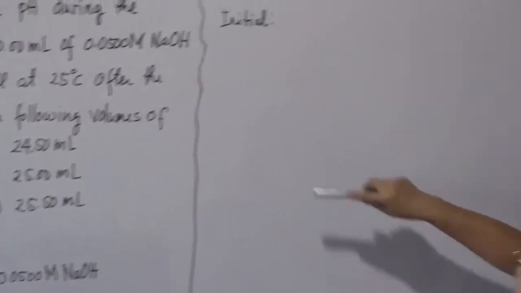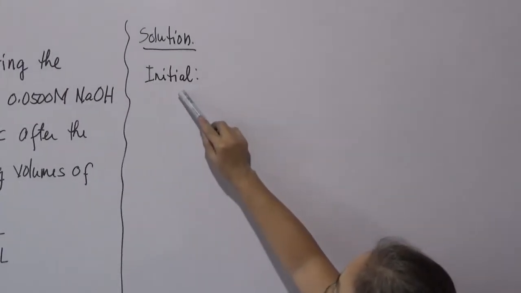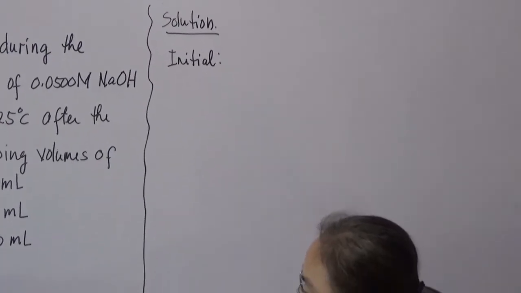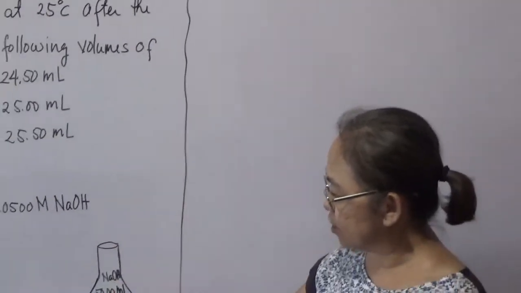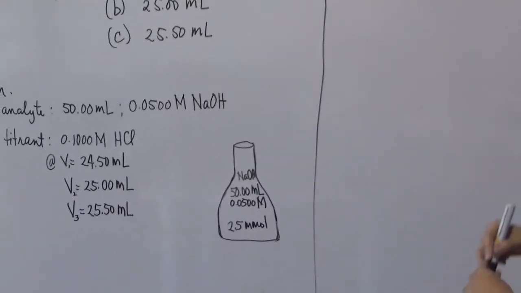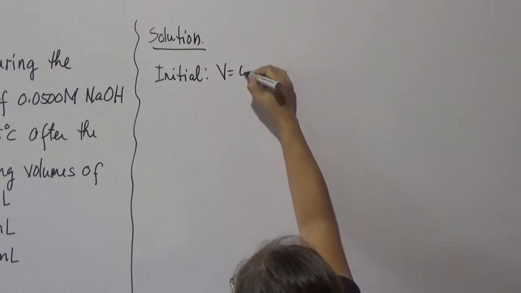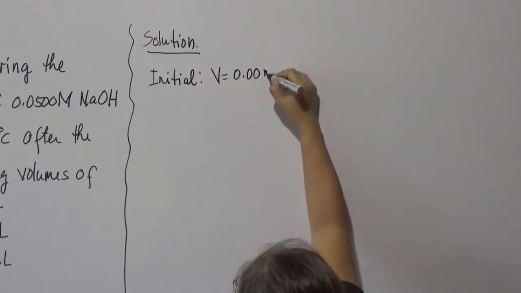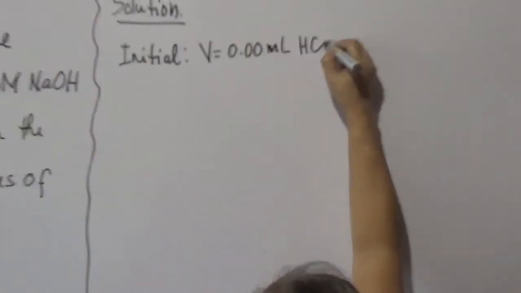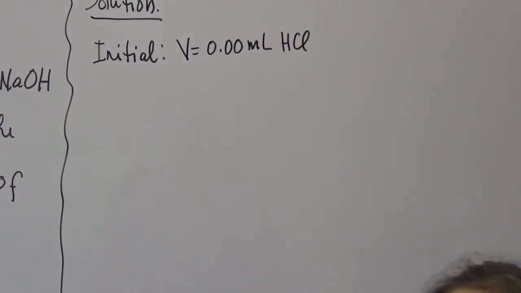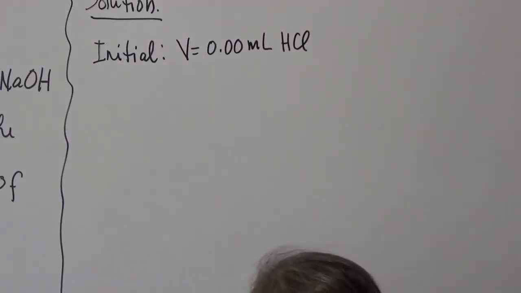But before that, we have to determine first the initial condition. Initially, there is no volume of the titrant yet added into our analyte. So initially, the volume is equal to 0 ml of hydrochloric acid, meaning you have not added yet any hydrochloric acid into our analyte.